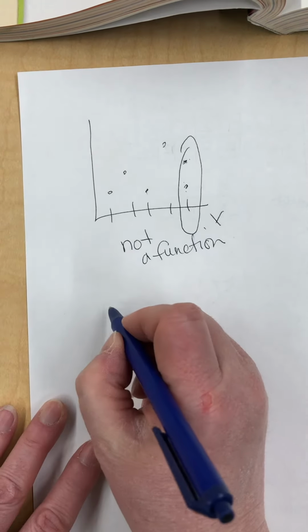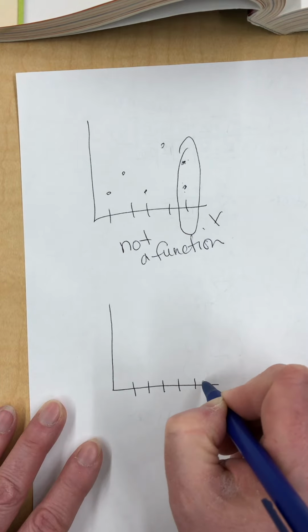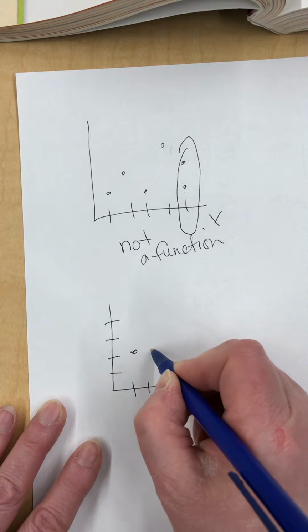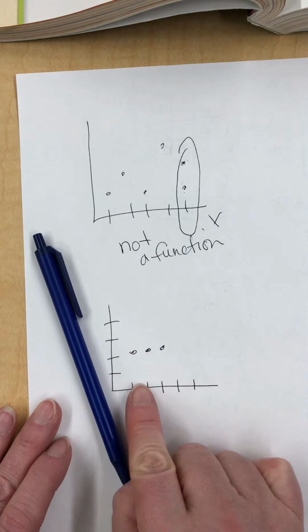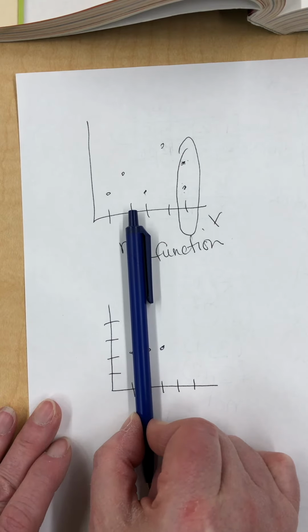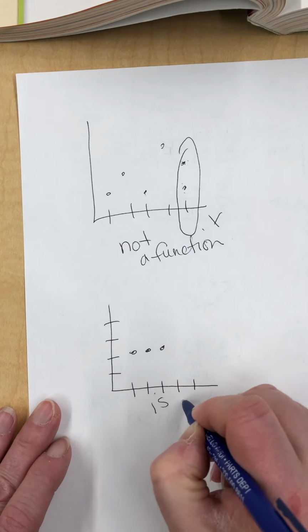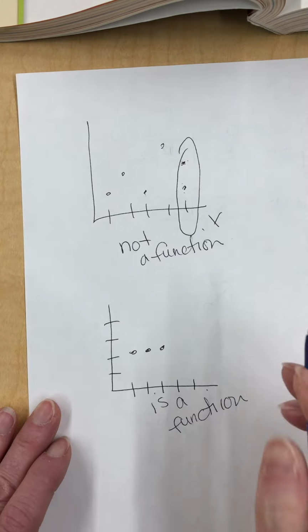So if you had a graph where you had dots next to each other like this, this is a function because every one of these x's still only has one y, one dot, one dot, one dot. So this is a function because of the vertical line test.